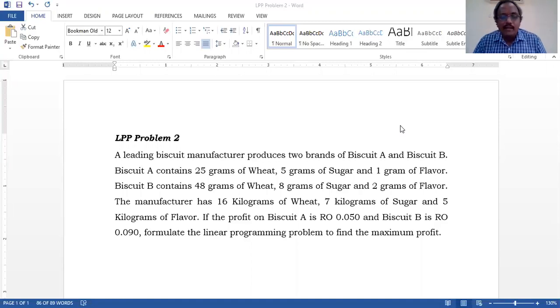Now we are going to formulate the linear programming problem with our objective to maximize the profit.